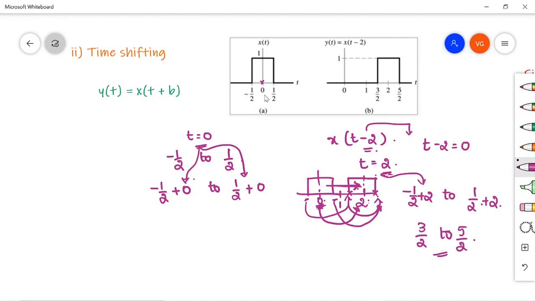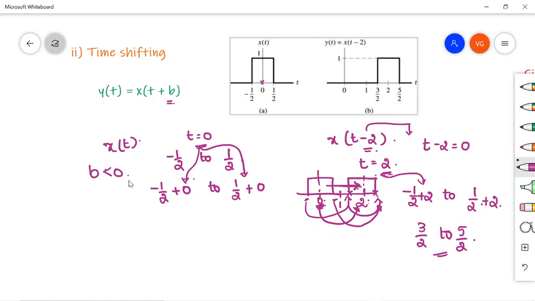Got it? Now see, what is happening here is, suppose you're taking the base signal as x of t. And the shifting here is, suppose if you are taking b is less than 0, that is a negative number, what happens? X of t is shifted to the right by the same amount, that is b seconds.